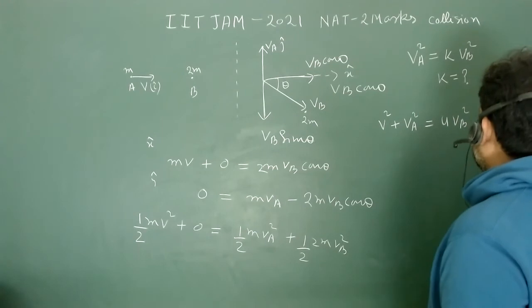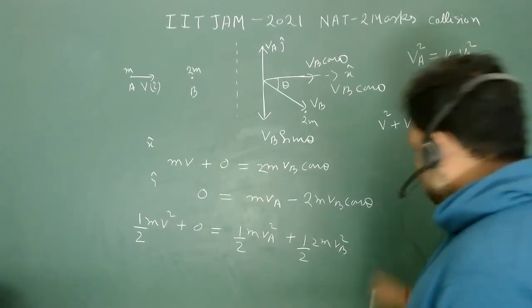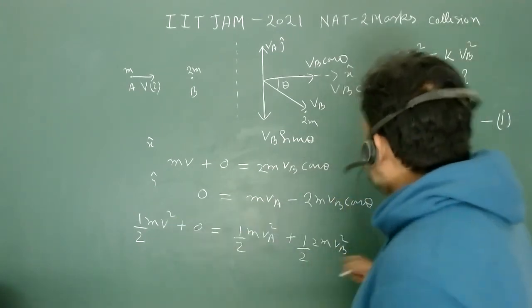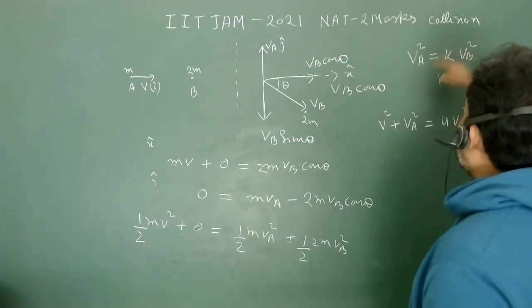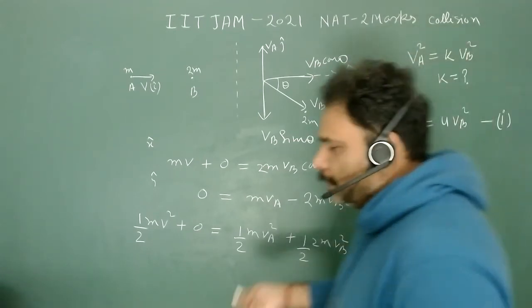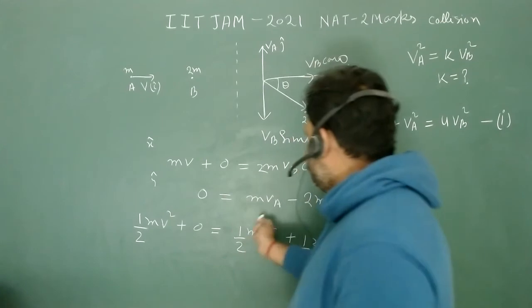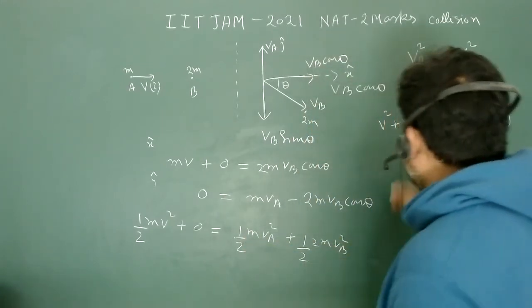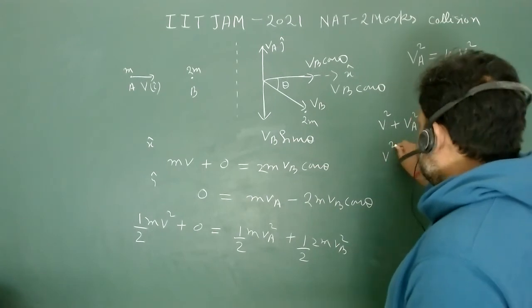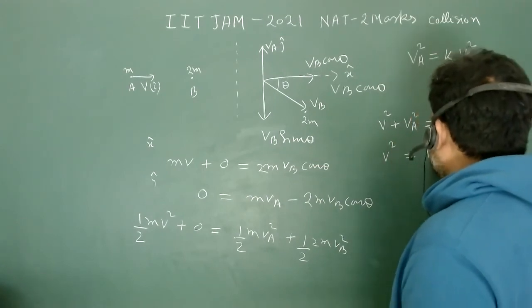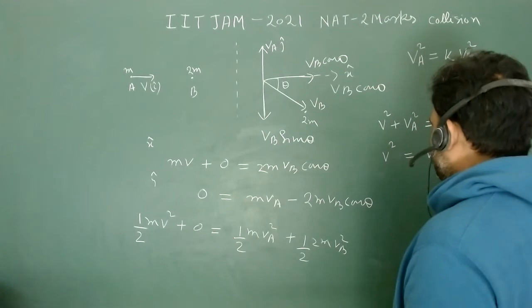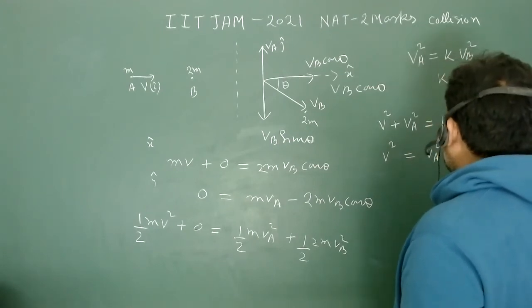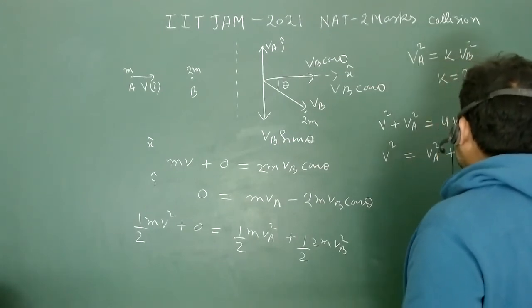This is my equation 1, and the second equation is also in terms of squares, because we have to write everything in terms of VA square and VB square. So half m cancels, and we have v square is equal to VA square plus 2 times VB square.